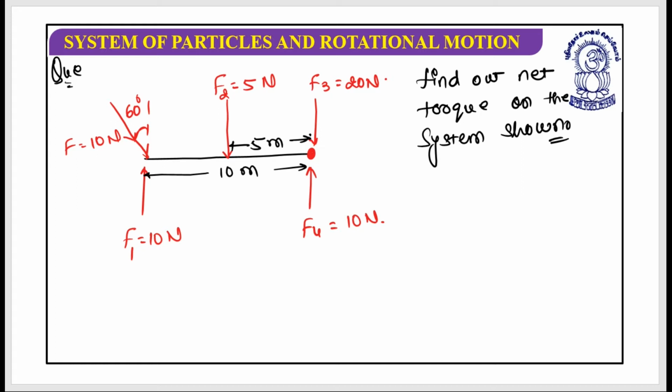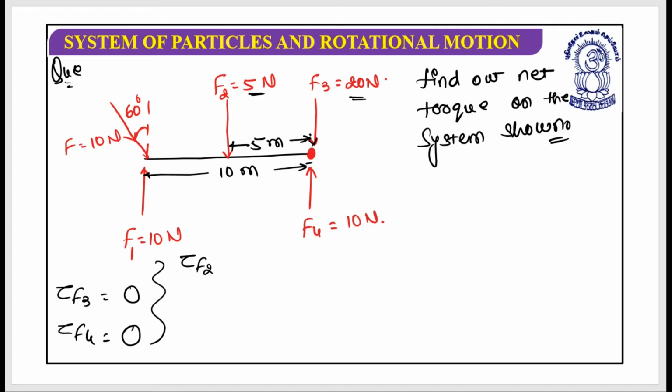How will you do this? Our system is hinged at the end. So what is the torque due to F3? It has been applied at the same point where it is hinged, so torque due to F3 would be 0. What about torque due to F4? It is also applied at the location where it has been hinged, so torque due to F4 is again 0. Now what is torque due to F2?